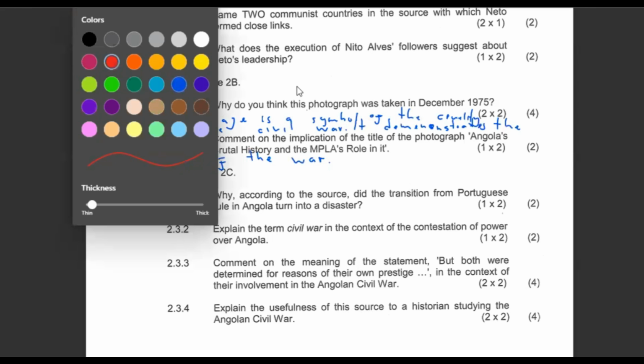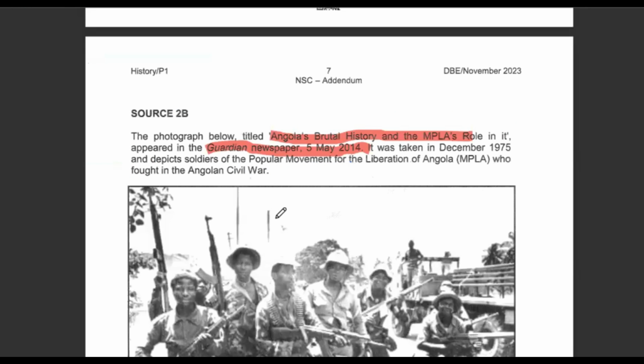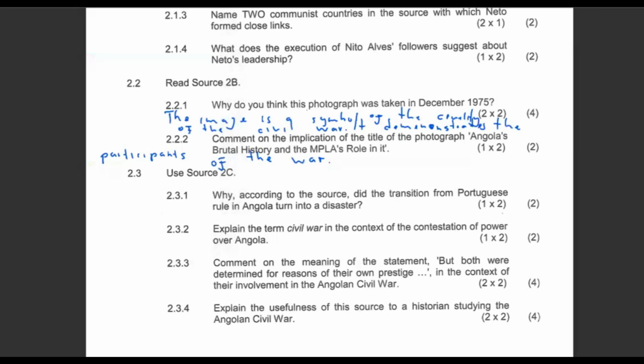Let's go back to the title of the photograph. The title of the photograph is actually Angola's Brutal History, and the MPLA's Role in It.